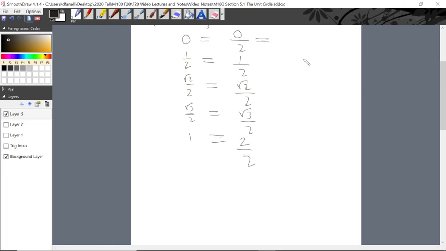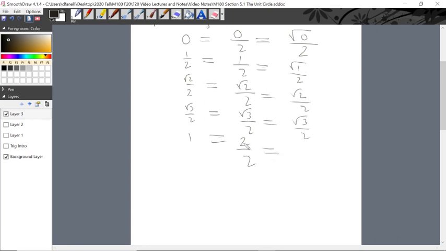Now you can write the numerators each as a square root. In the first case, 0 is the square root of 0, divided by 2. 1 over 2 is the square root of 1 over 2, because the square root of 1 is equal to 1. We already have a square root here, square root of 2 over 2, and square root of 3 over 2.